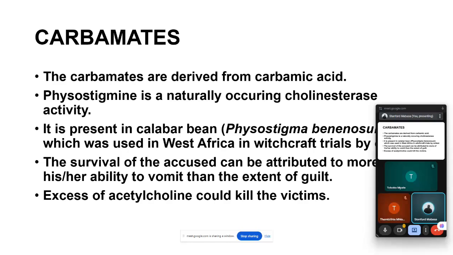It occurs in plants. Currently, it can be found in calabar bean, Physostigma venenosum.